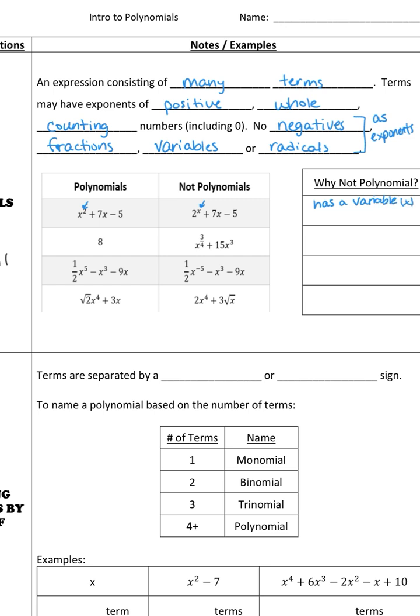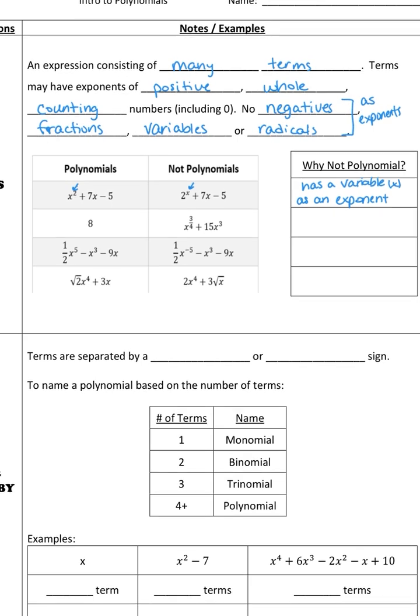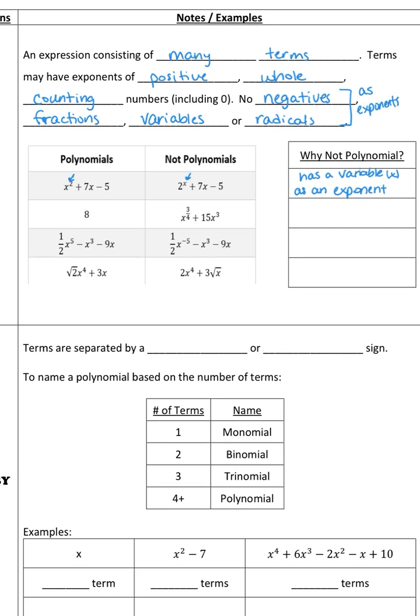So x as an exponent. For the number 8, technically this is 8 times x to the 0, because x to the 0 is just 1, so 8 times 1 is just 8.